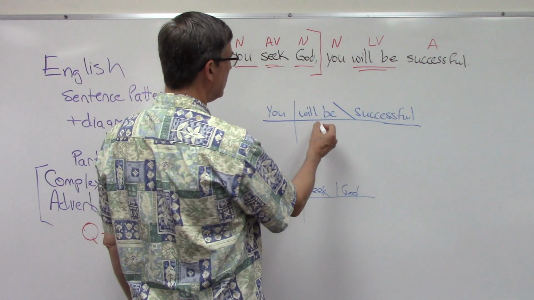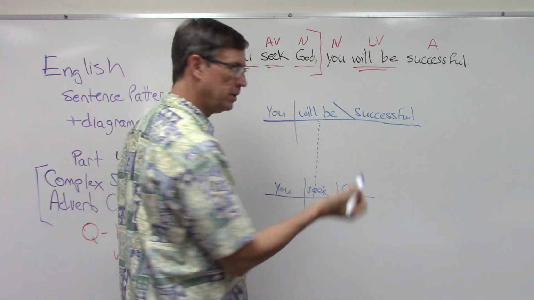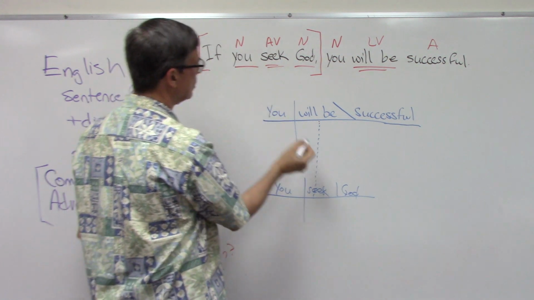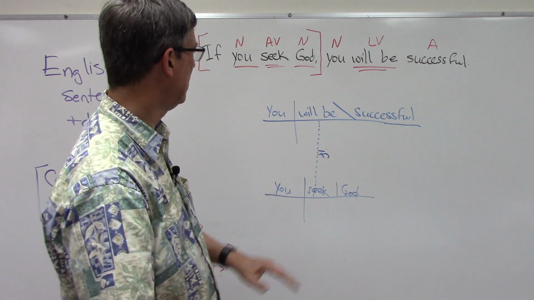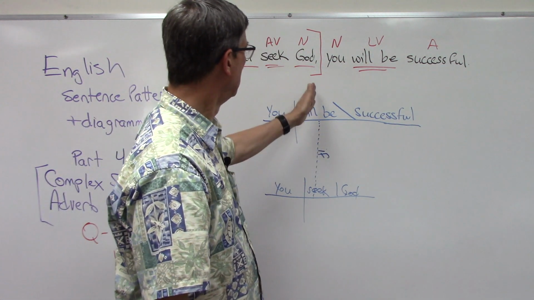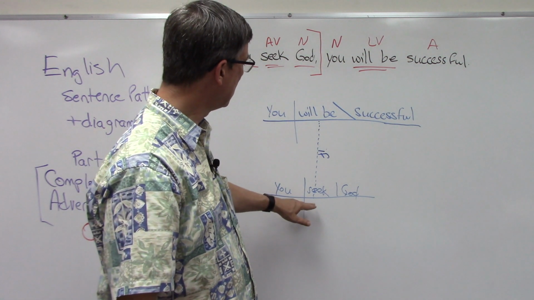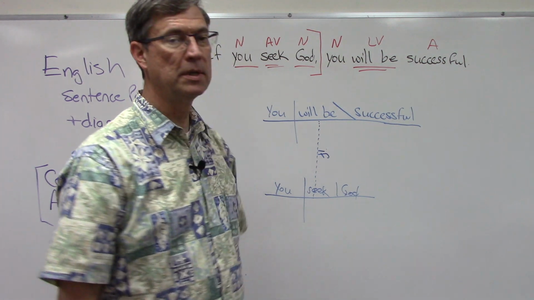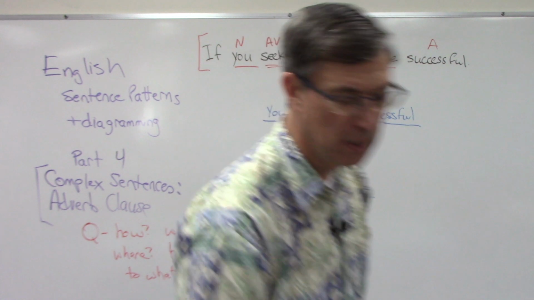What we do now is we use a dotted line to connect the two verbs, and we write this subordinating conjunction on that line: if. You will be successful if you seek God. So notice how the verbs are being connected because this is an adverb clause modifying that verb.